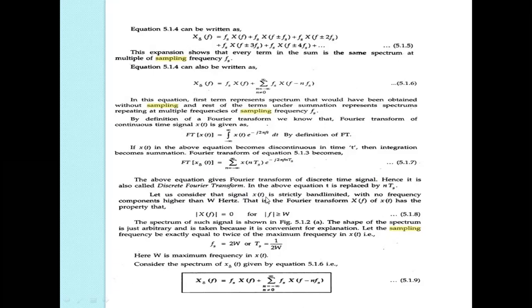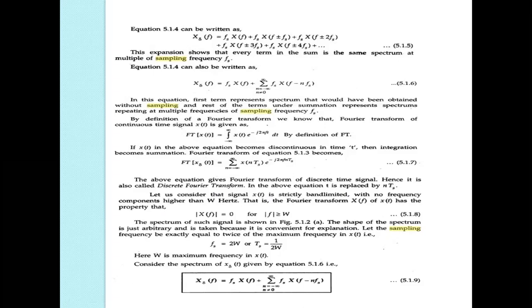Let us consider the signal x of t is strictly band limited with no frequency components higher than omega hertz. What is omega here? Omega is nothing but the maximum frequency.